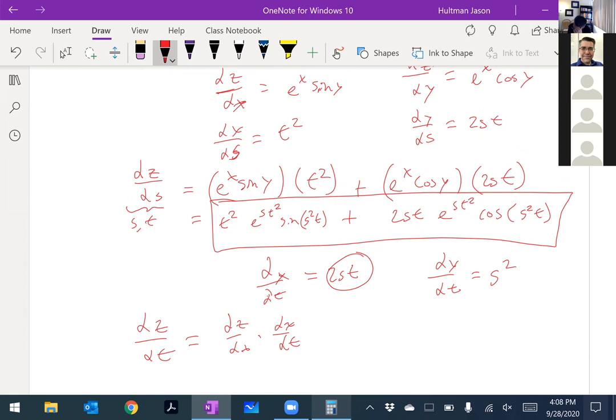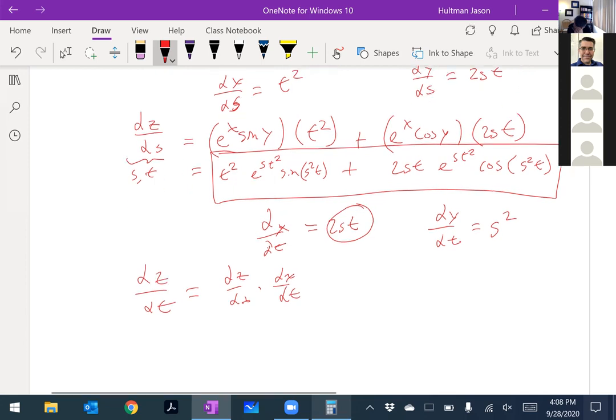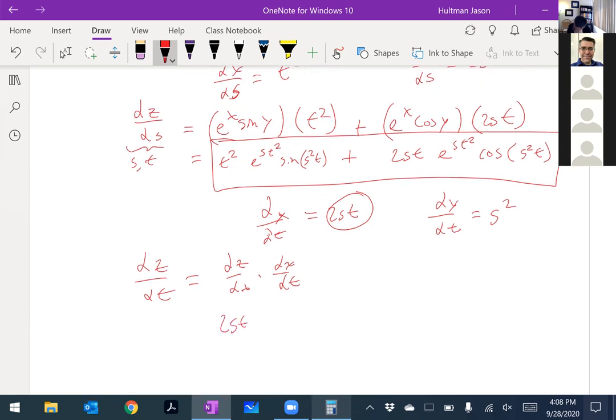So it's kind of like they're going to reverse. This is going to be 2st times, we already know what dz dx is: e^(st) squared sine s squared t, plus dz dy times dy dt.